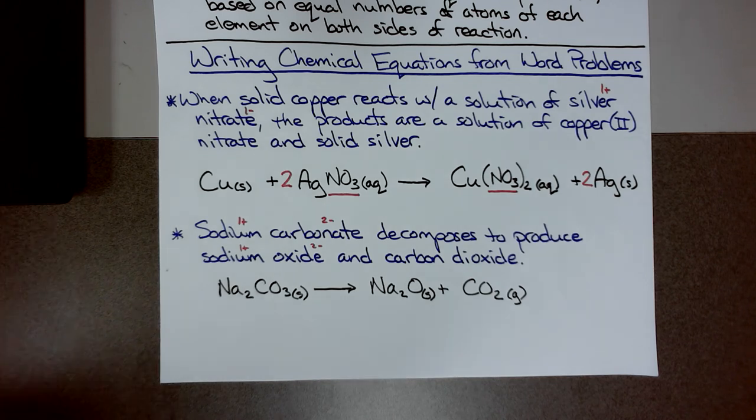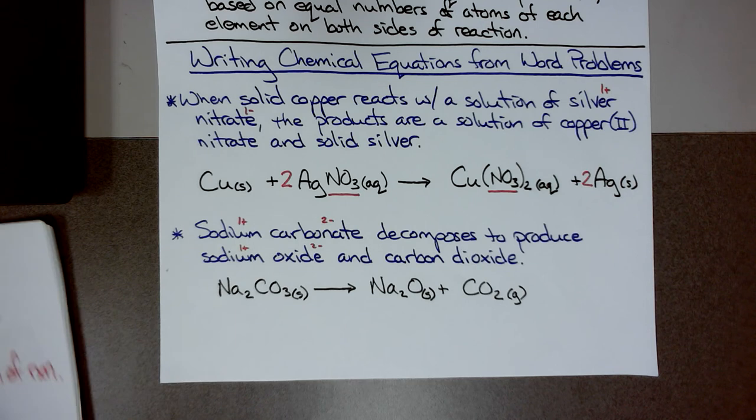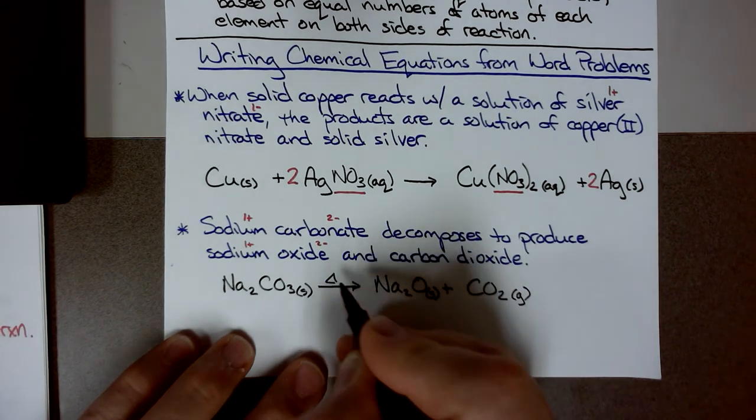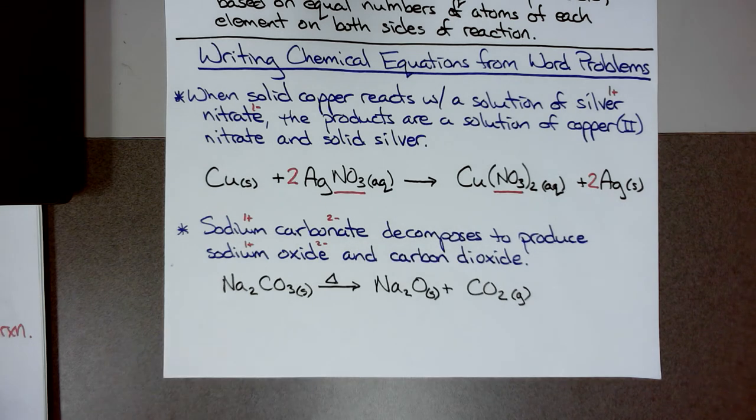Now let's go on and look at symbols that we have in this. In fact, this would require a symbol right here, and we need to know what does that mean. So let's go over symbols that are involved in writing chemical equations.